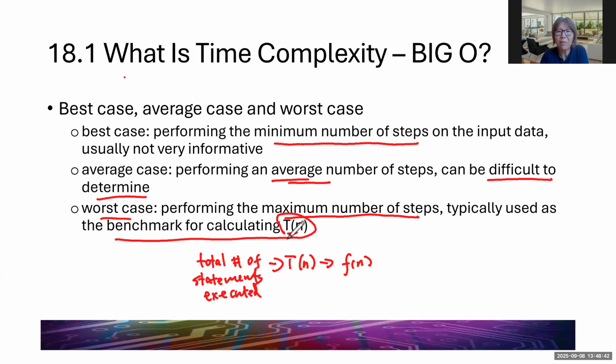So the worst case is the maximum number, and normally that's used as a benchmark. In the bubble sort scenario, if the input data is in reverse order, in descending order, and you want to sort it in ascending order, then that's the worst case scenario.